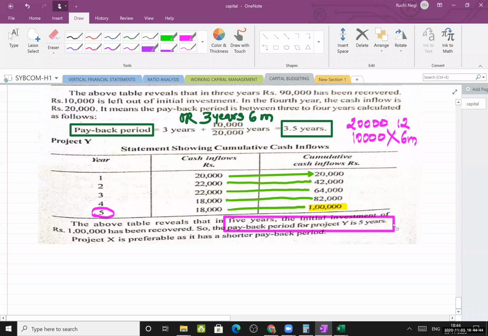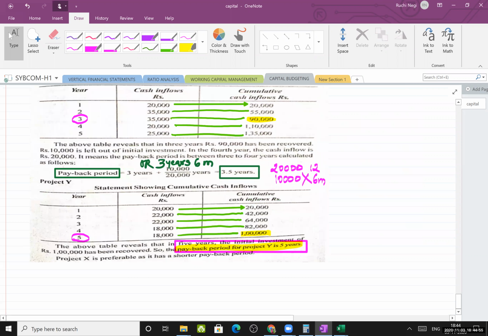So कौन सा project better है? Anyone? Which project is better, X or Y?